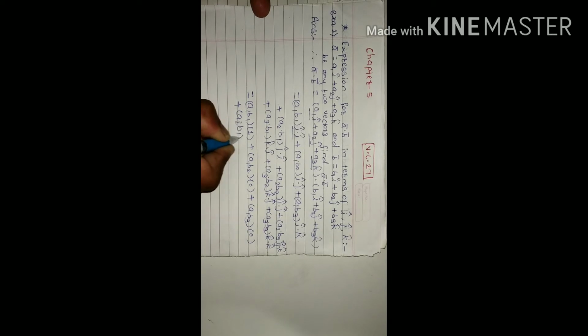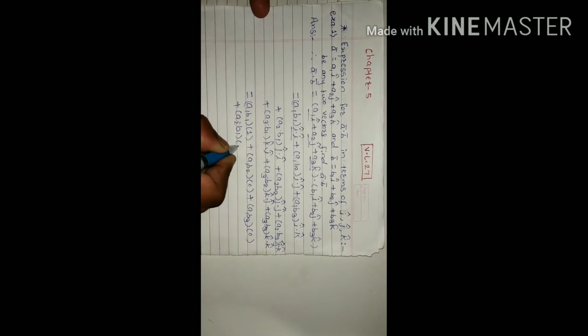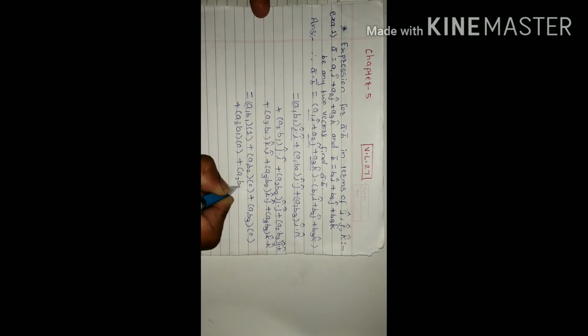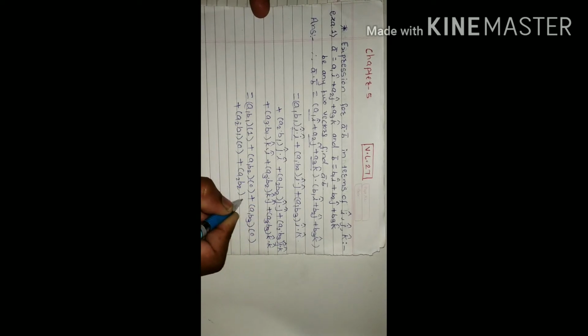Then plus a2 into b1 j cap dot i cap, it is 0, plus a2 b2 j cap dot j cap, we get 1.